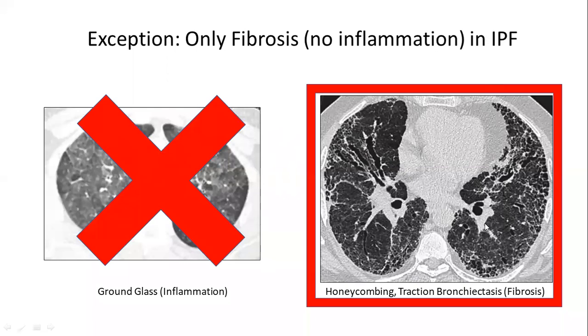That some insult causes inflammation, and if we don't reverse it, then the lungs become fibrotic. In IPF, the F for fibrosis, this is just a fibrotic disease. There's no inflammatory stage of it. For some reason that we don't really understand, the lungs just start to scar. That matrix deposition just starts to happen without it going through an inflammatory period first.